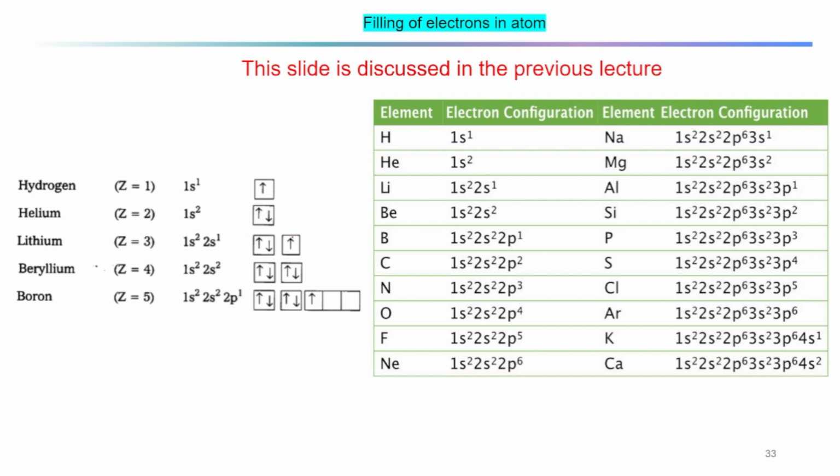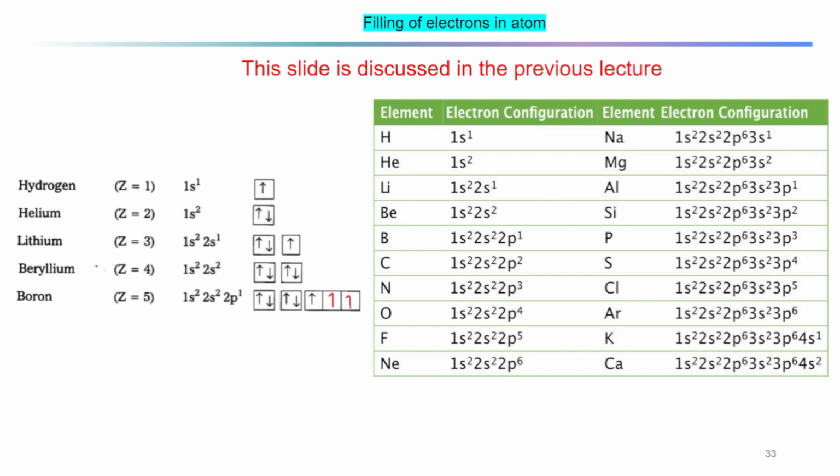Now the next electron goes in 2s and we get lithium. The next electron goes in again 2s and we get 1s2 2s2, that gives beryllium. So here in 1s2, 2 electrons are oppositely spinned. Here also both the electrons have opposite spin. Now the next electron goes in 2p, and if we put one more electron, that will go in another 2p, and if we put one more electron, that will also go in another 2p.